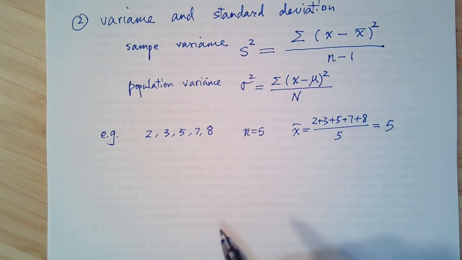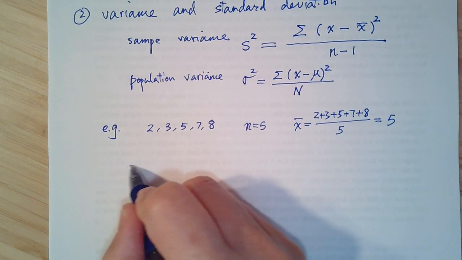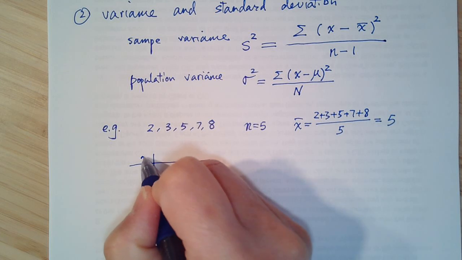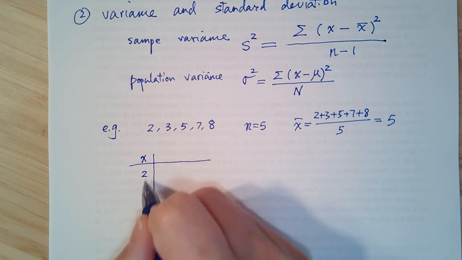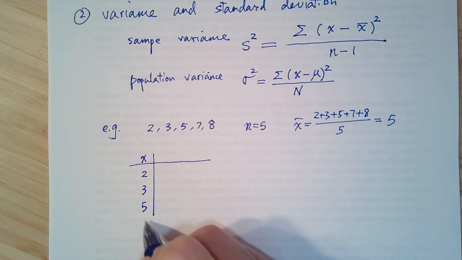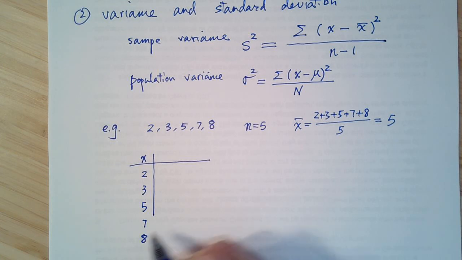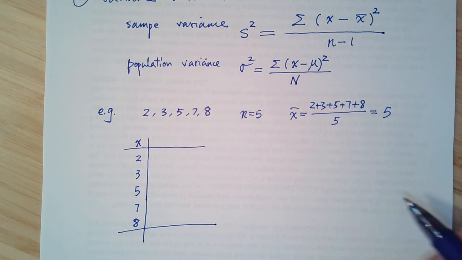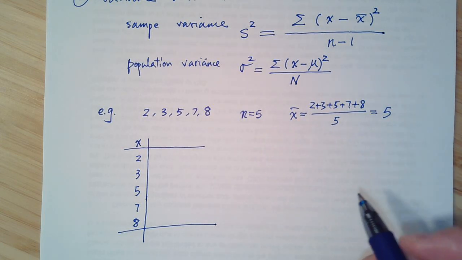All right, now I'm going to show you how to find the variance down there. I list all the x values: 2, 3, 5, 7, 8. You don't really need to sort them from minimum to maximum, but it doesn't hurt, because if you don't have many numbers, you can just do it.